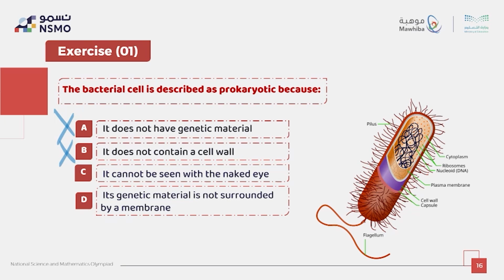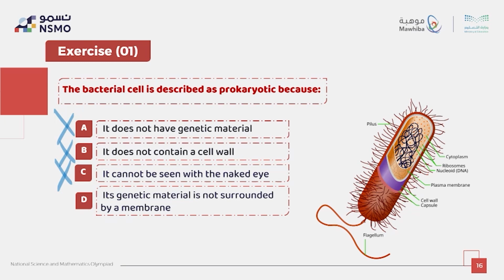The third one, C, is also incorrect because being too small to see does not make a cell prokaryotic. Like yeast, like small fungi, like Euglena, Amoeba, Paramecium. We cannot see them with the naked eye, but we cannot call them prokaryotes.